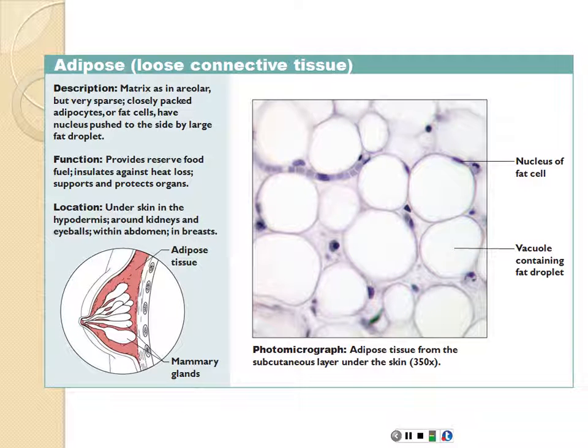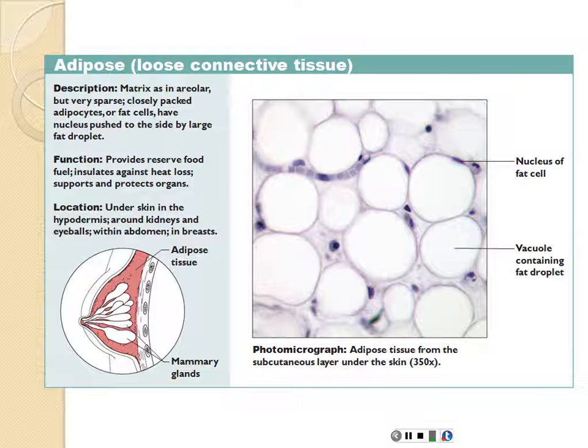So what happens with these tissues, they're matrix as in areolar, but very sparse, closely packed adipocytes. The cells themselves fill with fat. Okay? And the accumulation of fat causes the nucleus to be pushed to the side of the membrane.